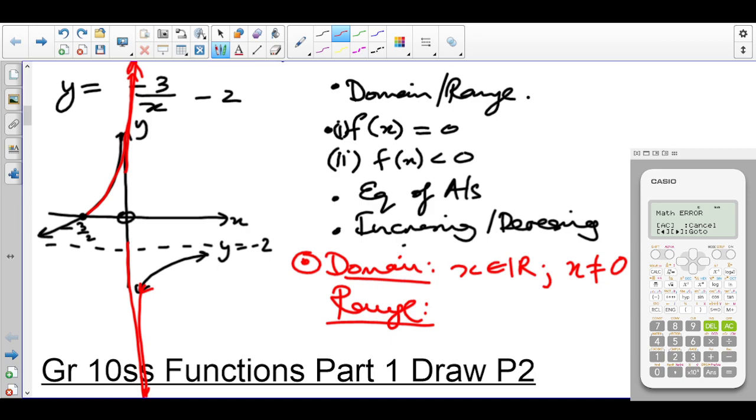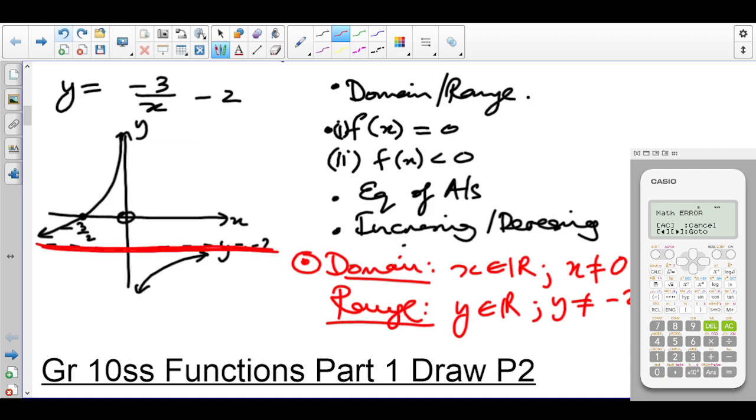And that is your asymptotes. So what is the range? It goes negative infinity to positive infinity. So y is an element of R. Y is just not equal to negative 2. Why not negative 2? Because the graph never crosses the y equals negative 2 line. You understand? Just tell me what you don't understand and I'll try and explain again, okay?